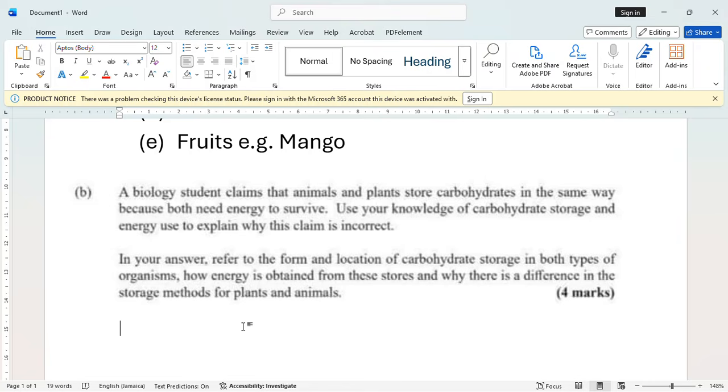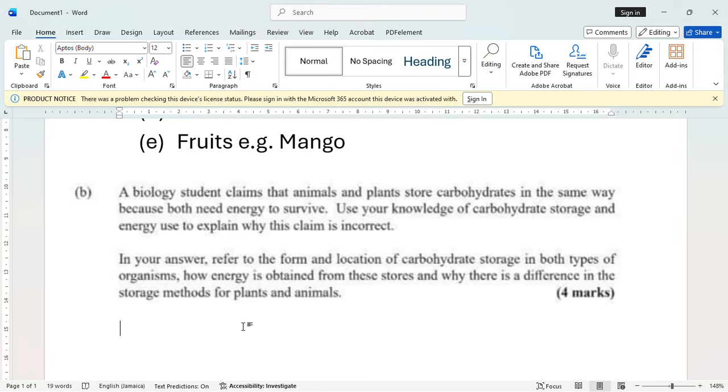In your answer, they're asking for certain things specifically. One, you need to refer to the form and location of carbohydrate storage in both types of organism. So what is the form that the carbohydrate is stored in plants versus what is the form that it is stored in animals? Two, how energy is obtained from these stores, and three, why there is a difference in the storage methods for plants and animals.